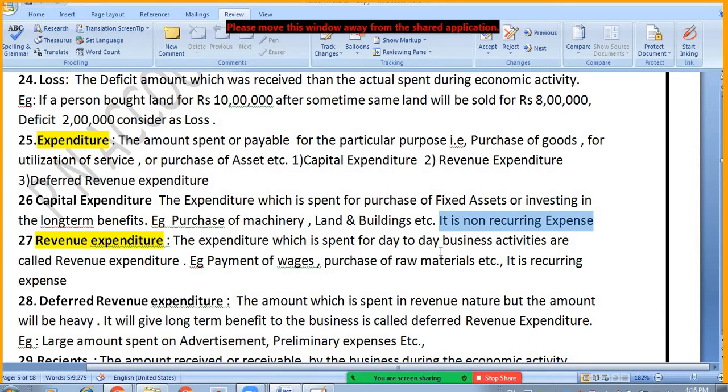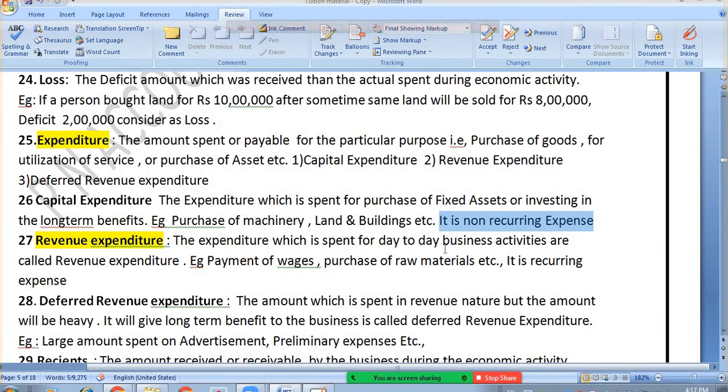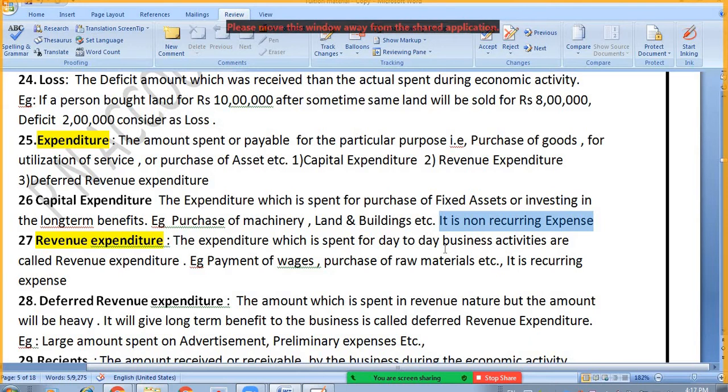Suppose land is purchased by us or the business. Once they spend the amount for purchase of land, it is not necessary to pay the same amount to the land seller again and again, because once we spend the money for purchase of land, that amount is good enough to provide long term benefit for us.